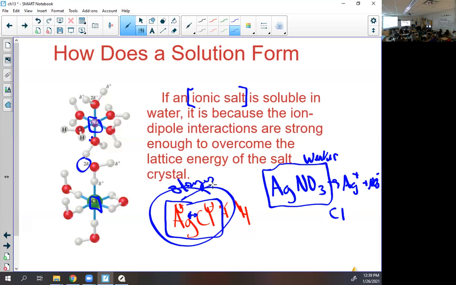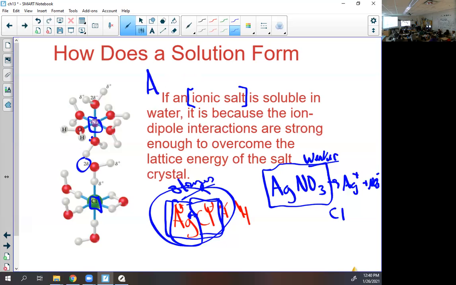This is why a precipitate forms: when the two ions' lattice energy is greater than the ion-dipole interaction. It's when two things react to form a solid.